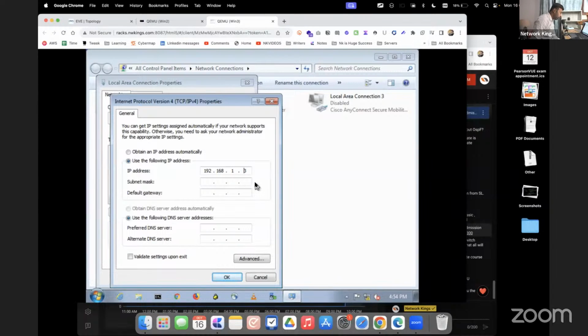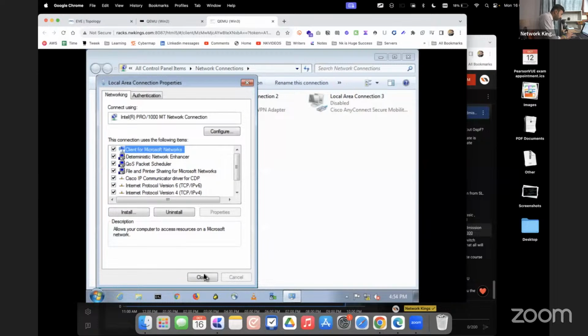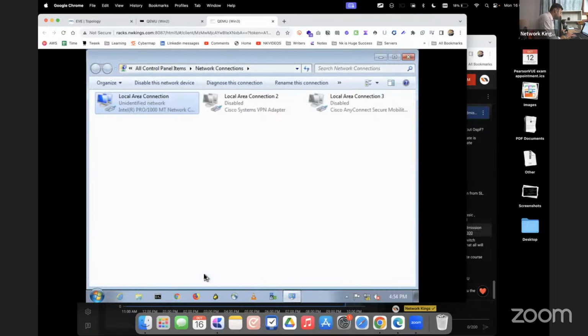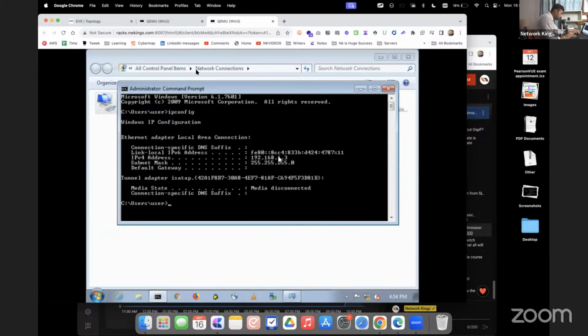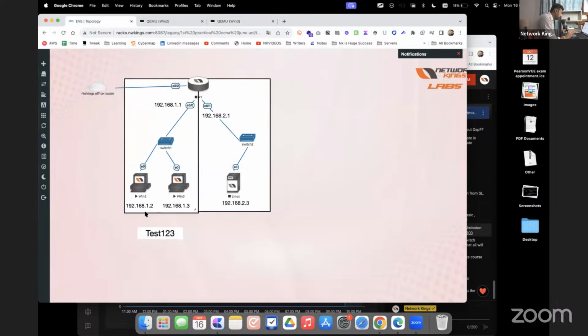Man, it's dot. Okay, close. So now two machines are connected. You verify again with ipconfig. So you can see 1.3, 1.2. So both machines are connected.